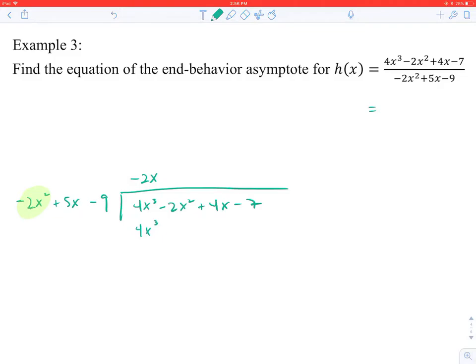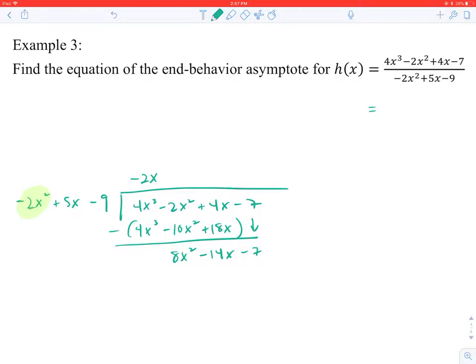So we'll get 4x cubed minus 10x squared plus 18x, and we're subtracting that. So 4x cubed minus 4x cubed is 0. Negative 2x squared minus negative 10x squared will be 8x squared. 4x minus 18x will be minus 14x. And then I can bring down the minus 7.